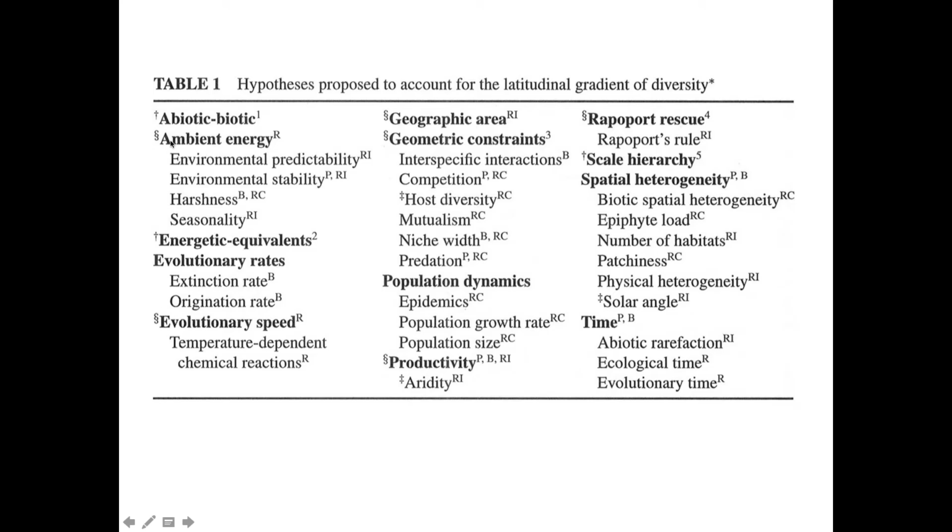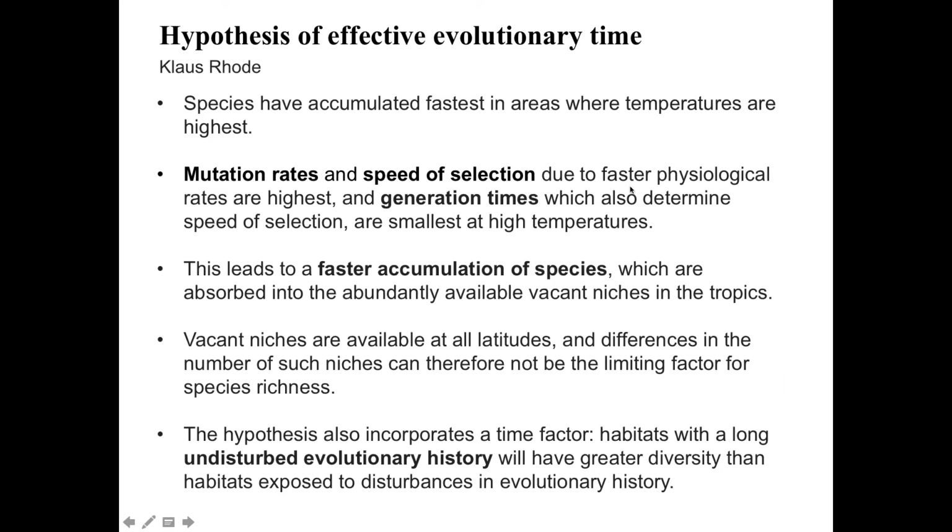So whether they're related to the amount of energy available around the globe, evolutionary rates, evolutionary speed, differences in geographic area, population dynamics, productivity, time. There are lots of different hypotheses proposed to account for latitudinal gradients in biodiversity.